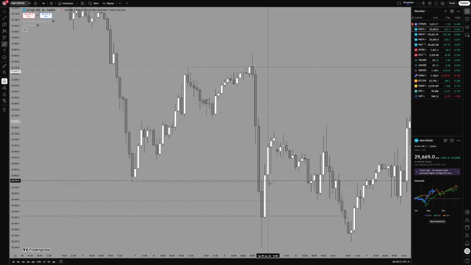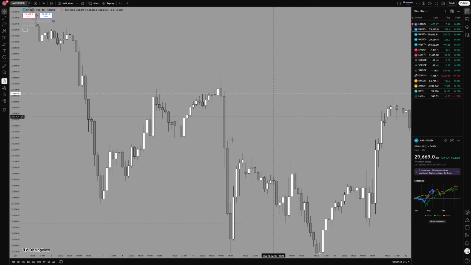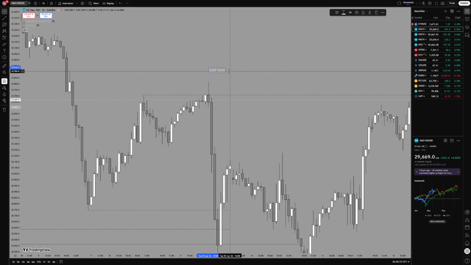Why are we premium? Let's mark our reasons. Okay, so why are we considering this level to be premium? One, we are above previous day's highs. Two, we are manipulating after an accumulation.